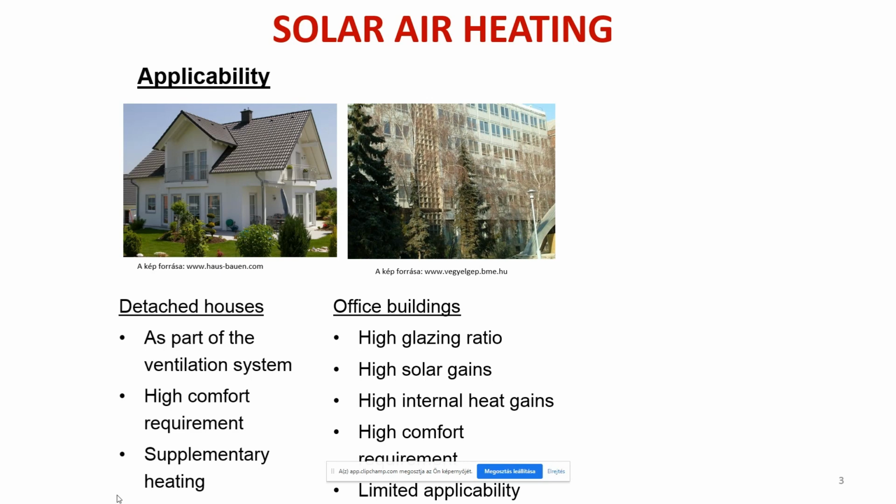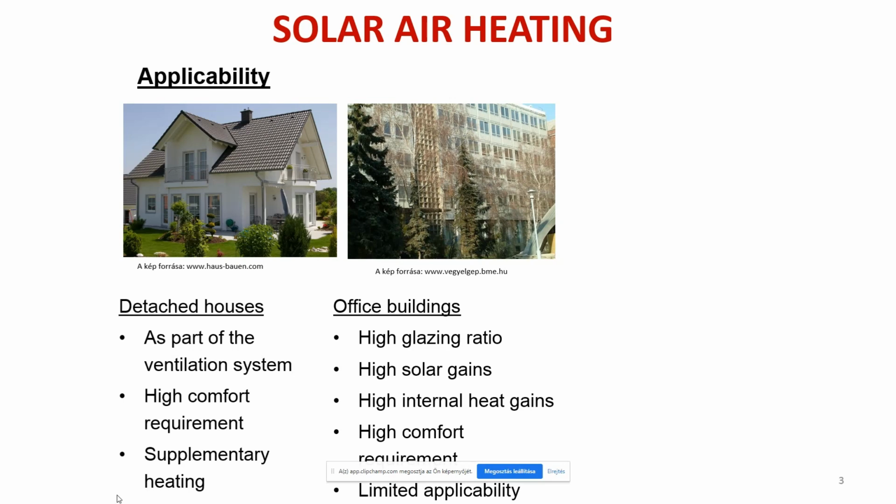Here you see an office building with a very high glazing ratio. The glazing ratio is something that can express the solar utilization of a building in the energy balance, how much solar gain it can utilize from the incoming radiation.